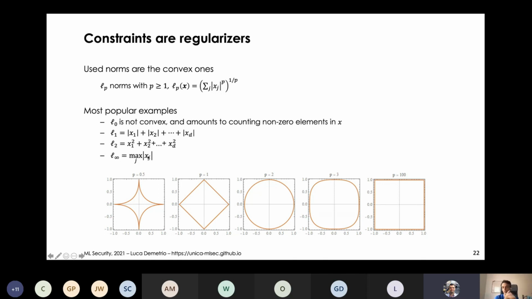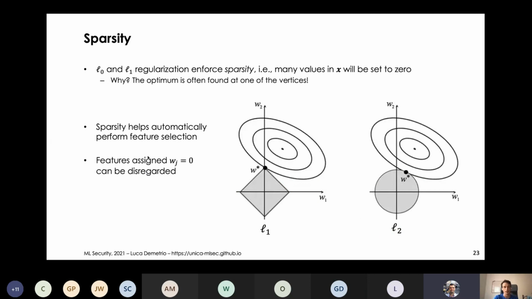So why does this matter to us while doing attacks? It's a matter of sparsity. If I want an adversarial attack to be as parsimonious as possible from the point of view of the perturbation, I would like to use the L0 and the L1 norm. Why? Because imagine this is my norm, and this is my optimization problem, and the intersection is my solution.